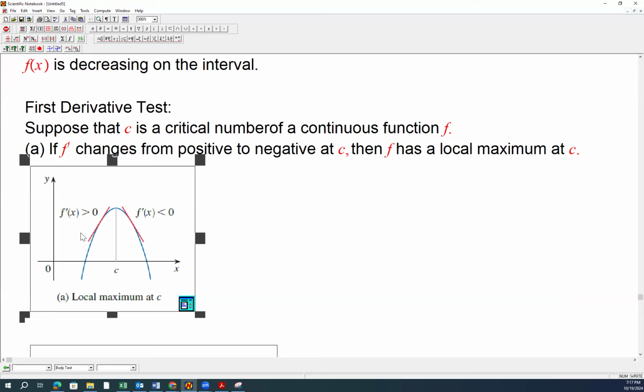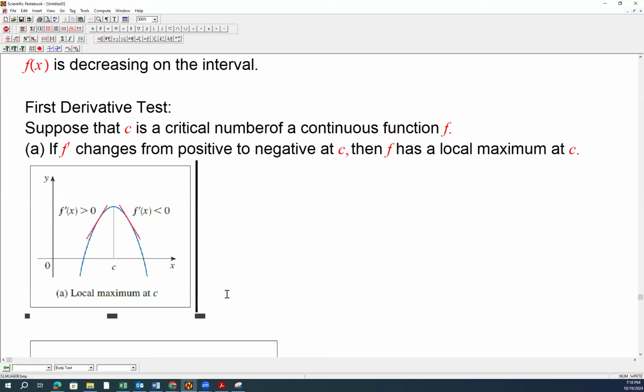Then to the left of C, the derivative is positive because you can see the blue curve goes up, increases. Past C, the first order derivative is negative. That's what we mean by changes from positive to negative. Then f has a little bump, right? This is a local maximum at C.